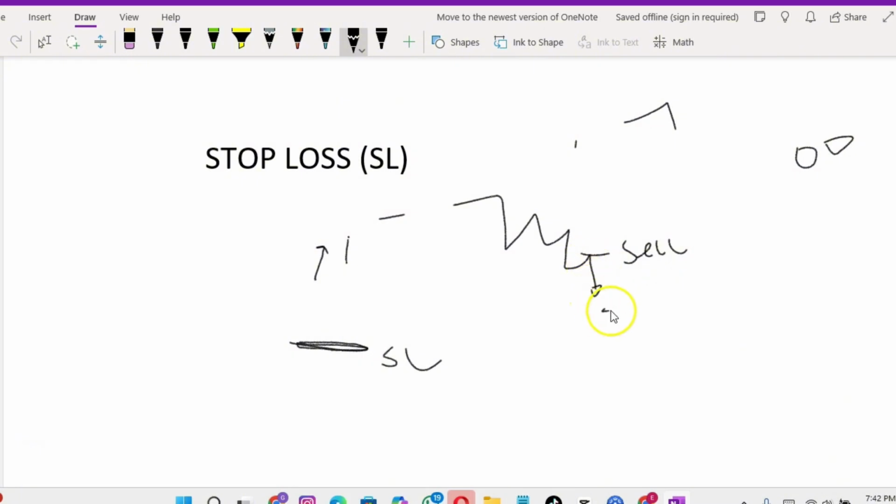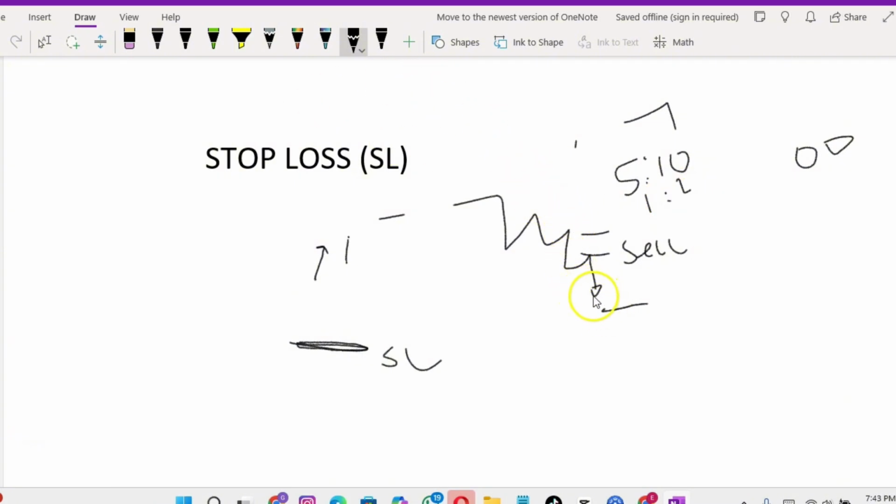And you might set your take profit here and your stop loss here. Now, if you have calculated that you are risking just $5 on this trade, it means that your take profit should be at least $10, meaning you are risking one to get potentially two. That's risk management in trading.